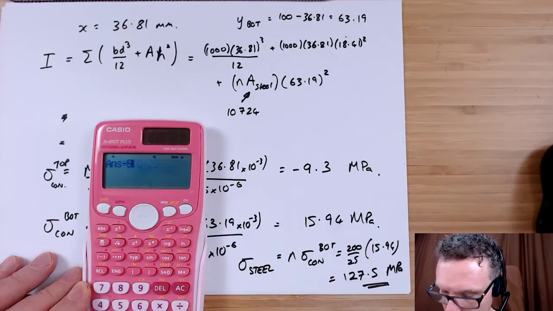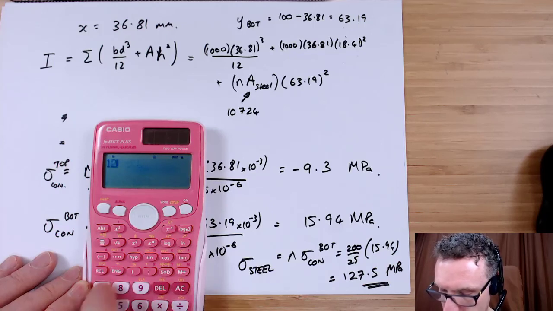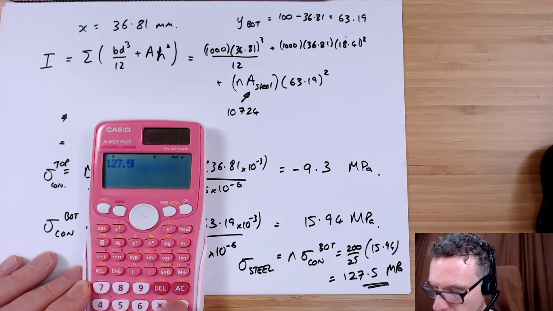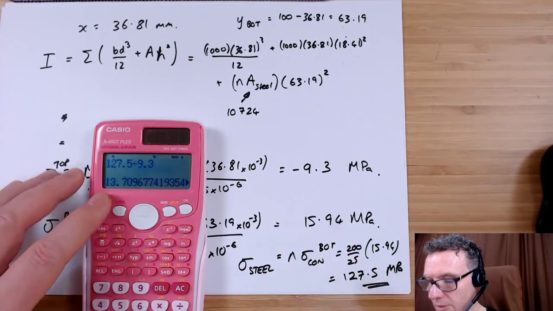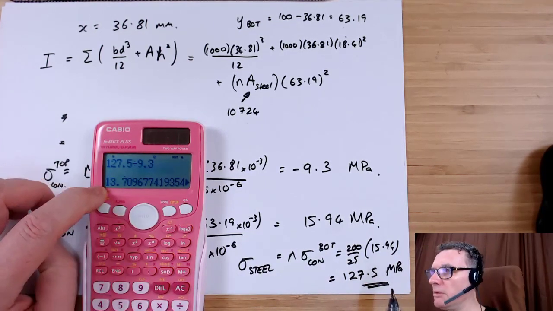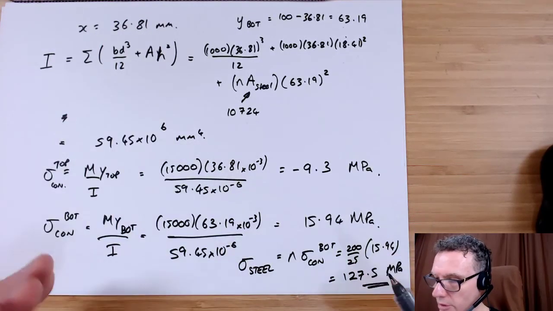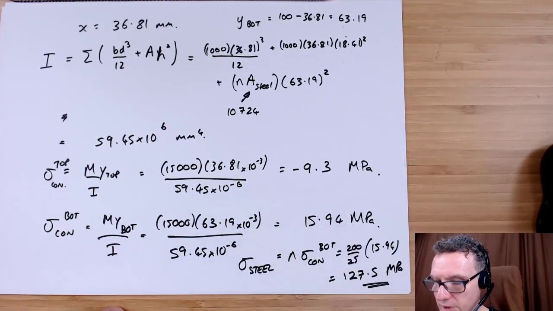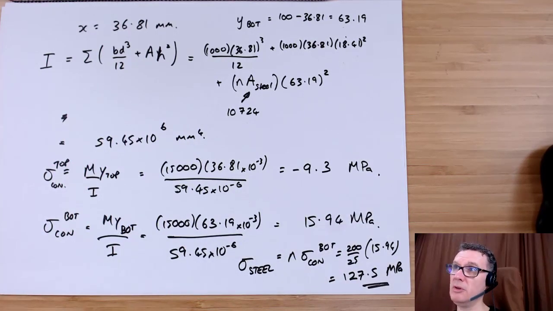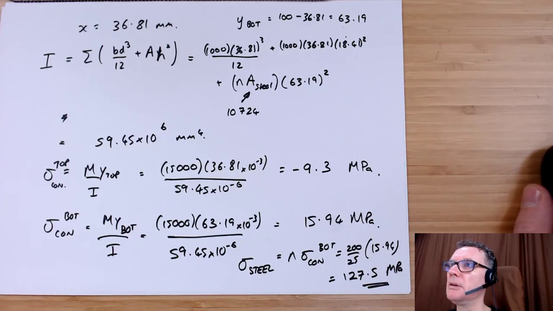If we did a ratio of those two extremes, 127.5 divided by 9.3, we see that we're going to get a ratio of about 14 in terms of the stress that's in the steel compared to the stress that's in the concrete, which is a good thing, you know. How long did that take? Oh, not long.